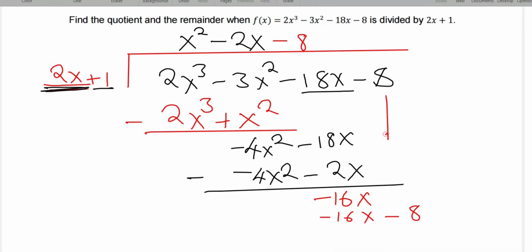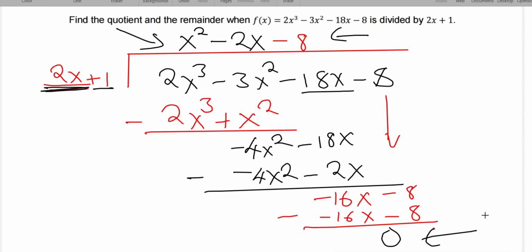You can drop that one down here, then we subtract. We can clearly see that they are all the same, so if we subtract, it will just give us 0. That tells us the remainder is 0. What we are getting after dividing is the quotient. So our answer: the quotient is this, and the remainder is this. That's how you answer these questions using long division.